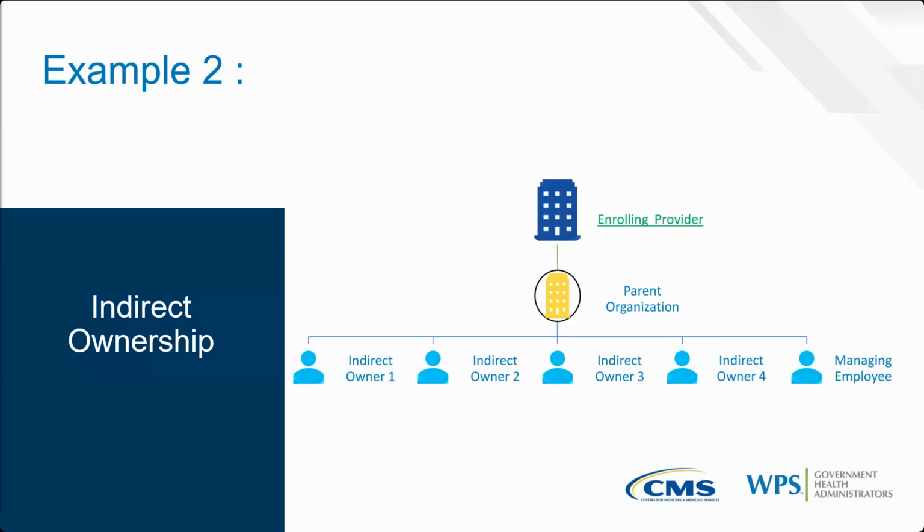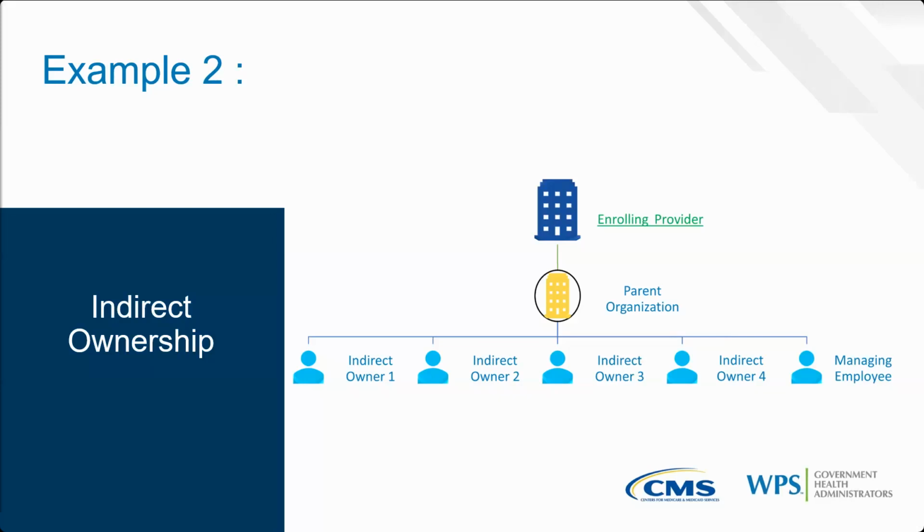They've also given us a managing employee who doesn't have ownership, but has operational day-to-day control. That managing employee does need to be reported in Section 6 in addition to the owners. The difference in those sections when they come in is going to be the qualifying roles that are selected.